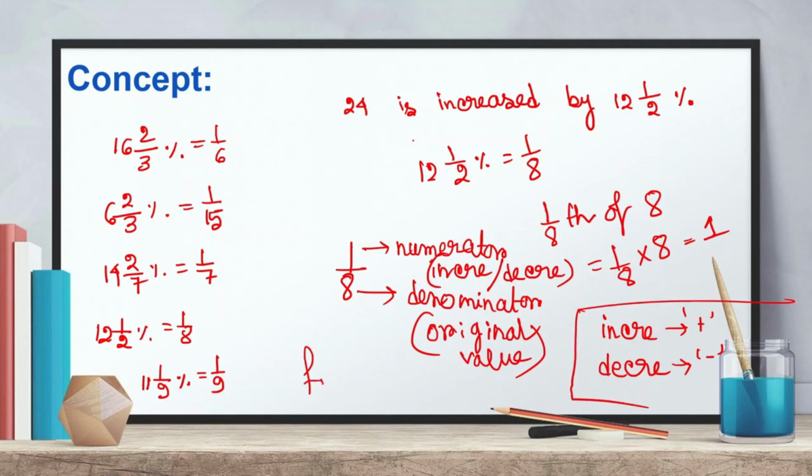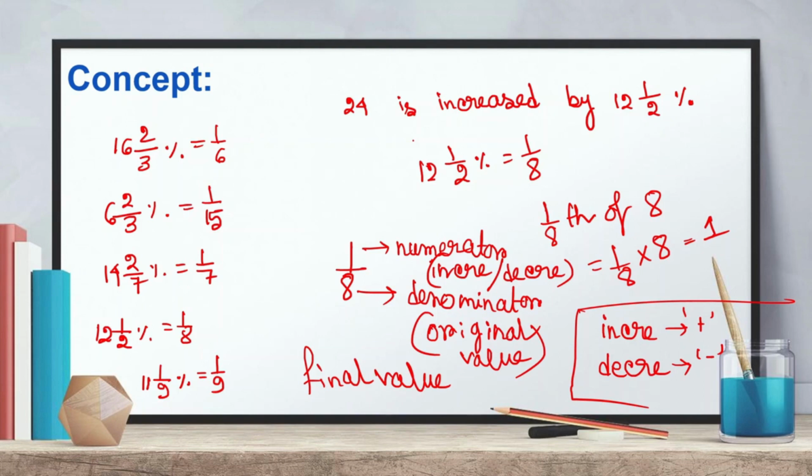And what is the final value? Final value would be original value plus increment, or original value minus decrement.